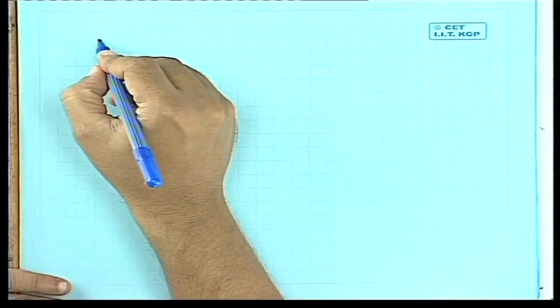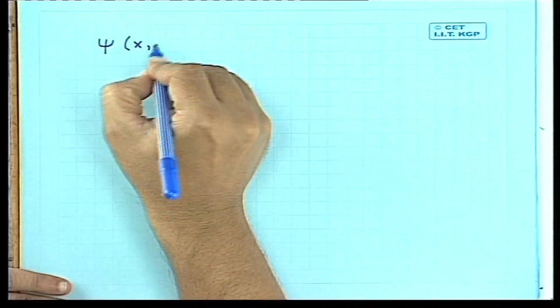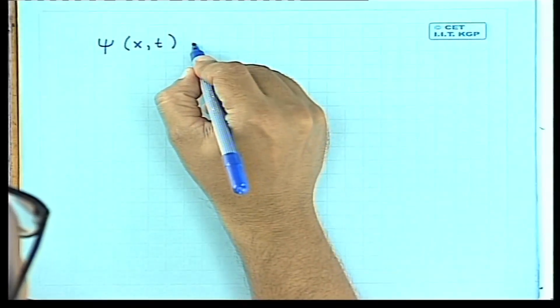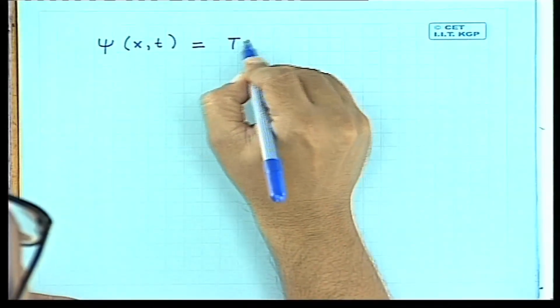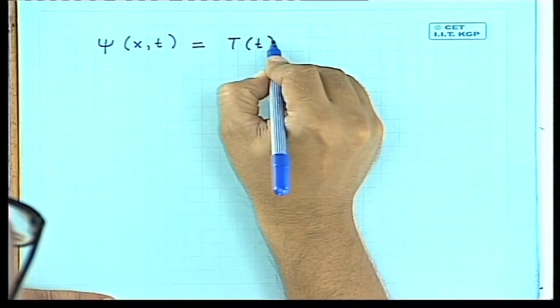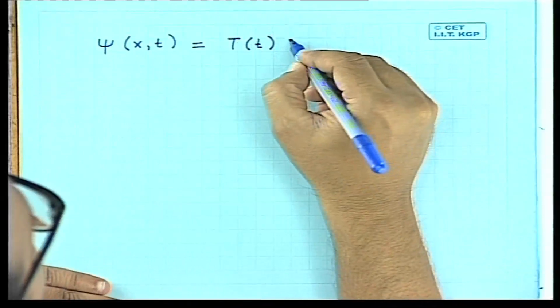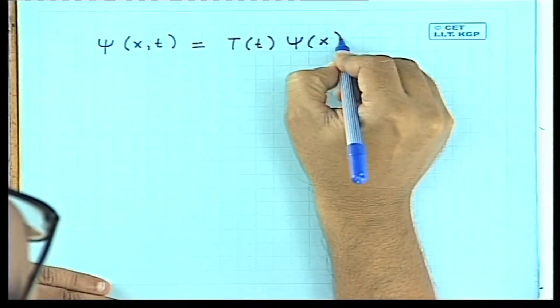So psi, which in general is a function of x and t, can be written as the product of one function of time and some other function of position alone. Let us use the same symbol psi for the function of position alone.